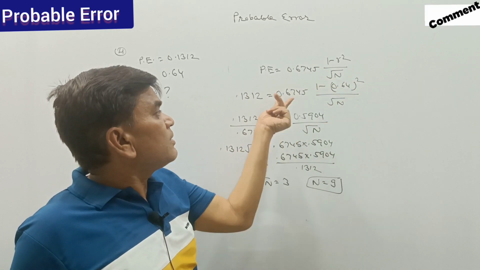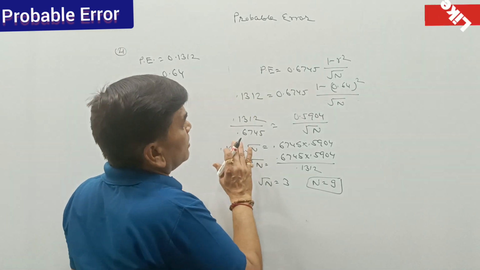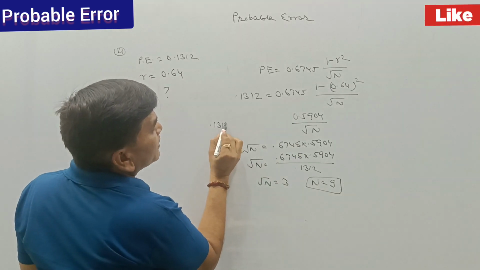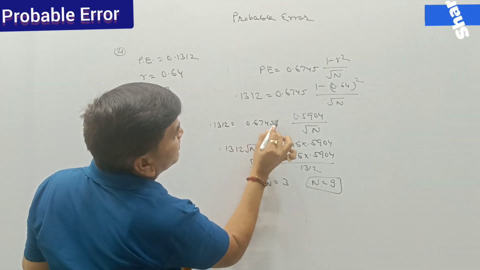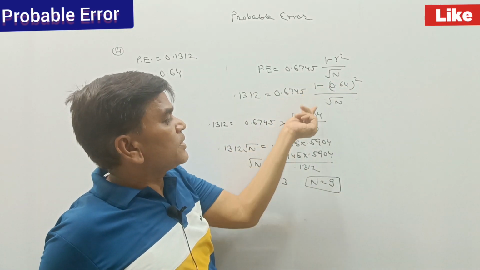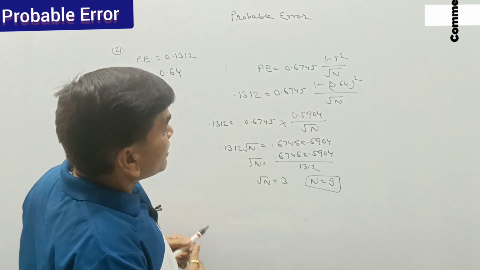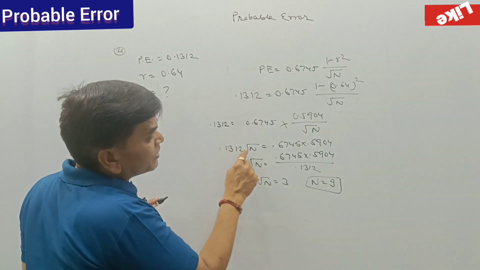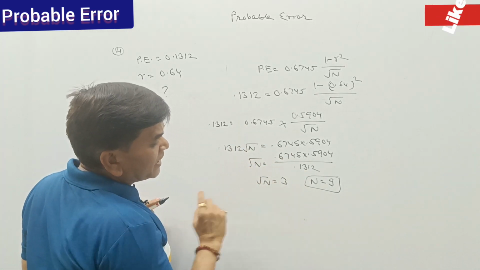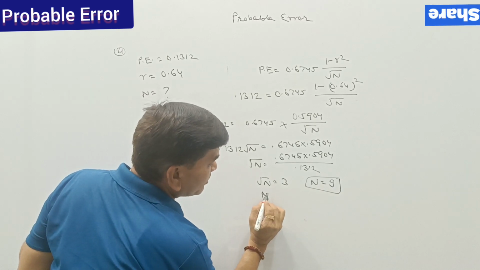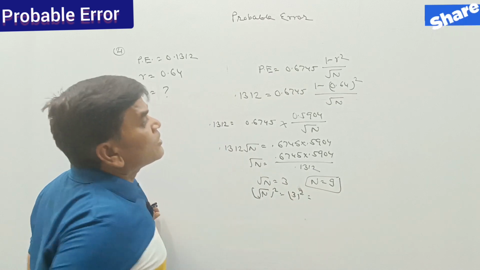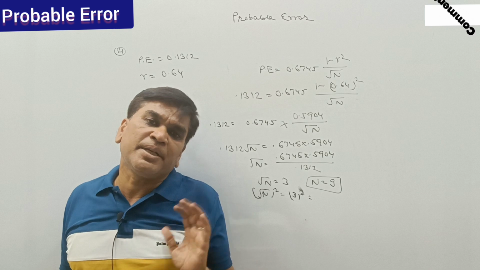So 0.1312 equals 0.6745 times 1 minus the square of 0.64, this is 0.5904, divided by root n. We do cross multiplication. So 0.1312 multiplied by root n equals this value. So root n value is 3. Taking the square on both sides, the value is 9. So with the help of this, we can calculate n also.